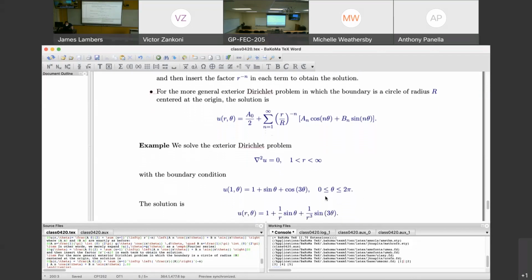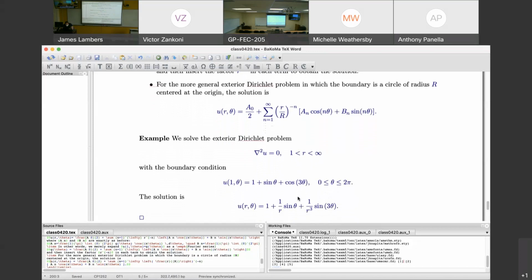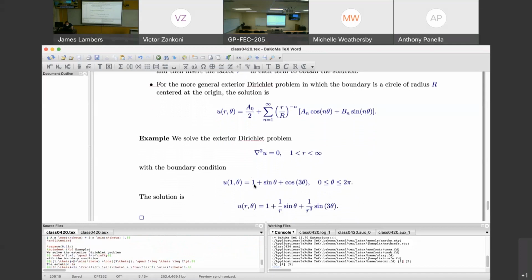Then, to jump quickly to the solution, all we have to do is identify the value of n that goes with each term. So here, constant factors, n equals 0. Sine theta, that's n equals 1. Cosine 3 theta, that's n equals 3.